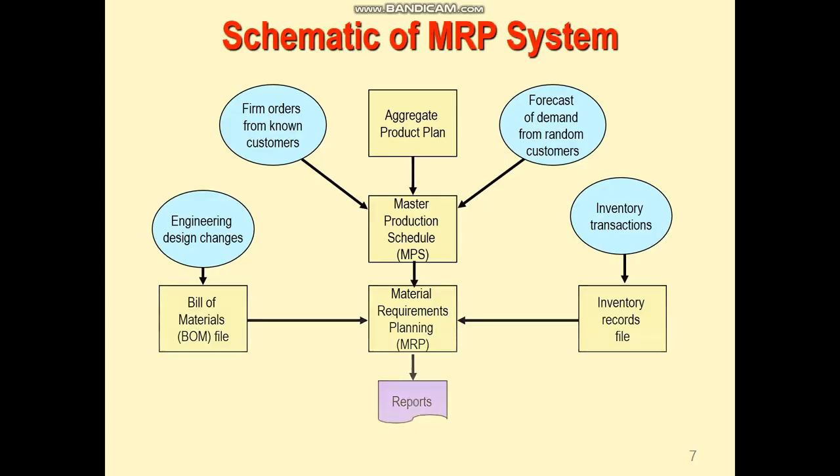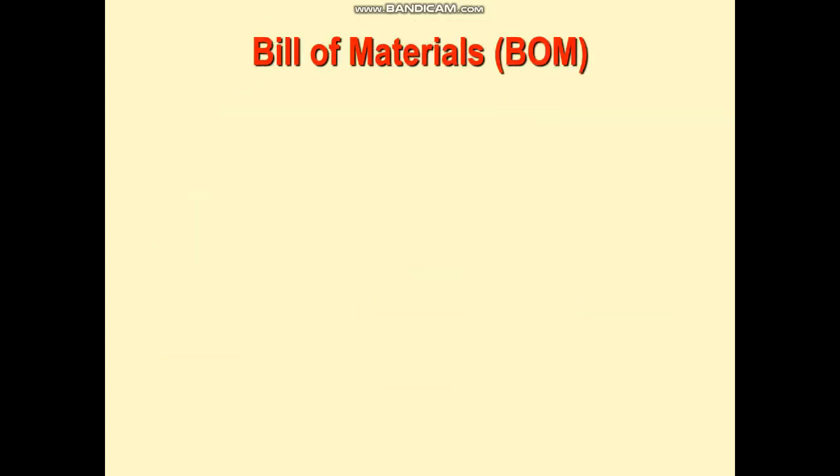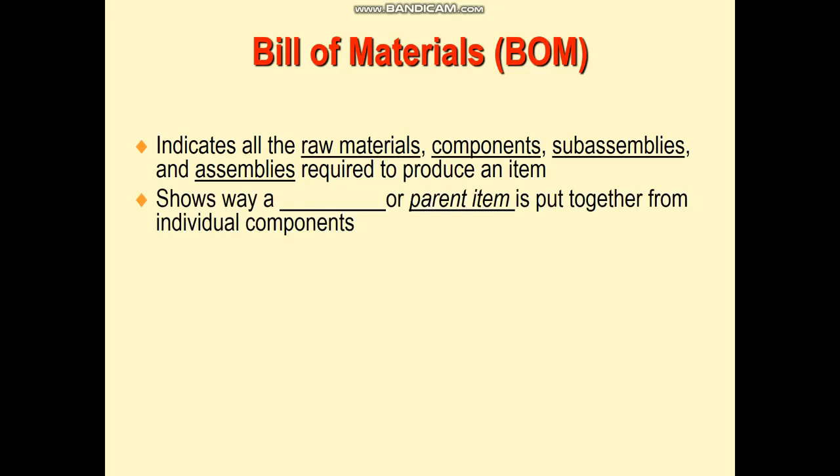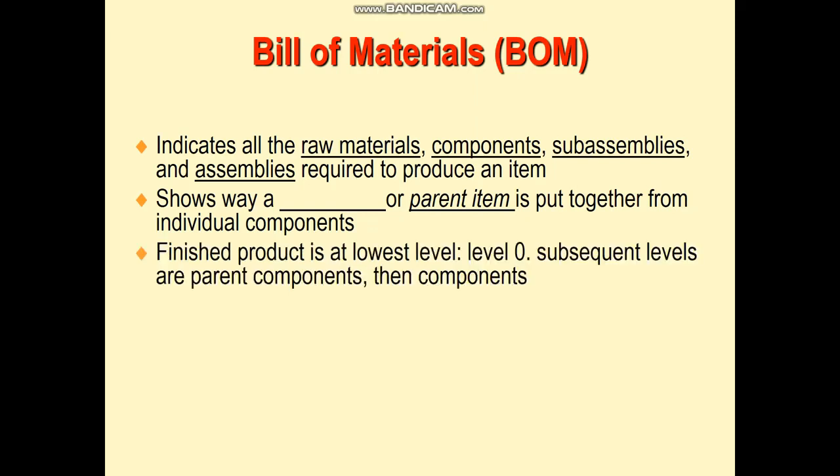Let's see what BOM is. BOM is the bill of materials, and it indicates all the raw materials, components, sub-assemblies, and assemblies required to produce an item. BOM shows us the way a finished product or a parent item is put together from individual components.